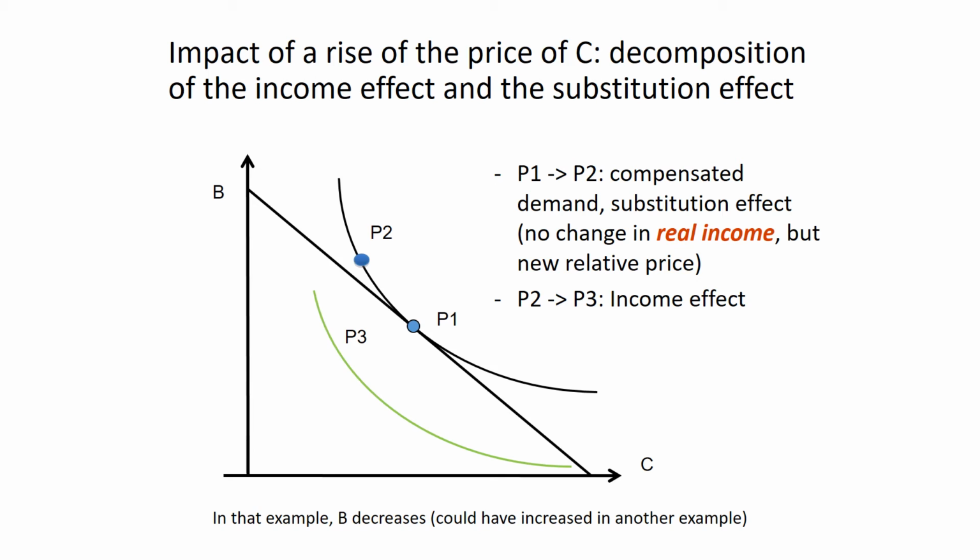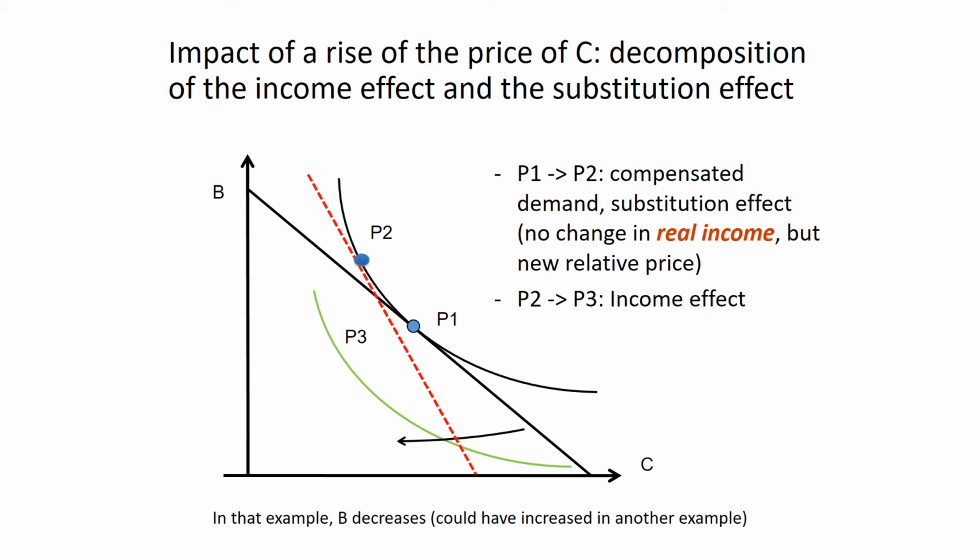So the line that's going to go through P2 is going to reflect the new ratio of prices. It basically shows how the consumer is going to start consuming less of good C and more of good B because the consumer is substituting these two goods following the increase in the price of C.